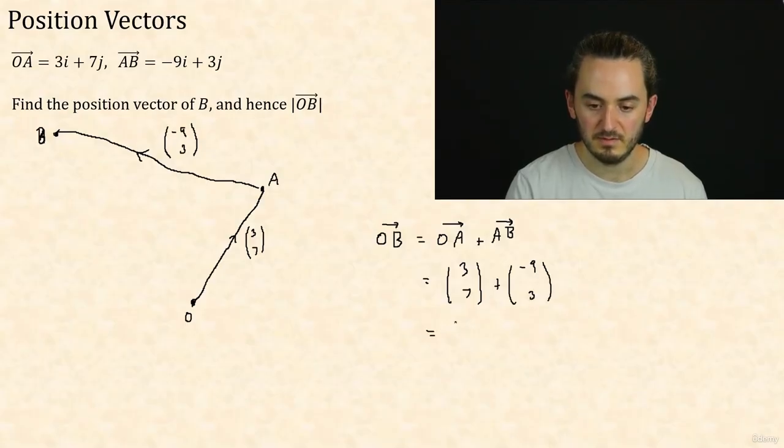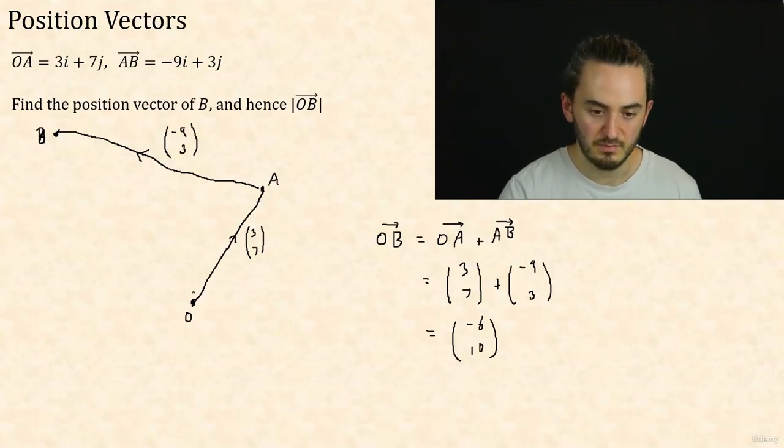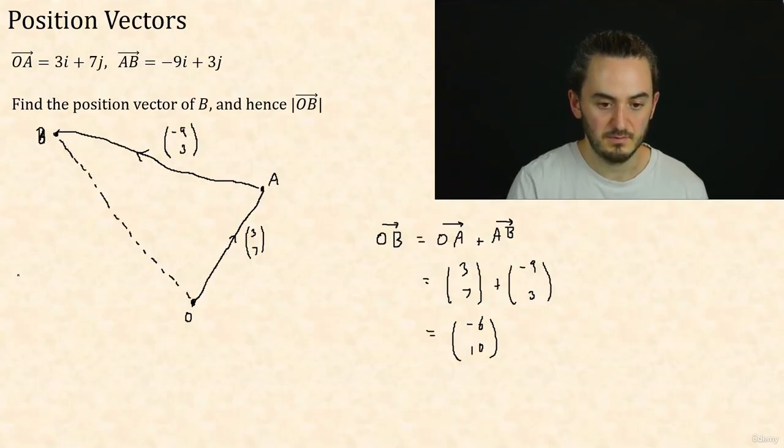Add those together, and we get negative 6, 10. So that means the position vector of B, the vector that you would need to move in to go straight from O to B, is minus 6i plus 10j.